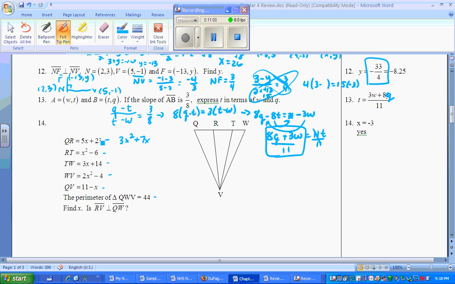And we got 23 and 14, that's 37. This is negative 10, we're at 11. So we said this was 37, so we got 38, all equaling to 44.